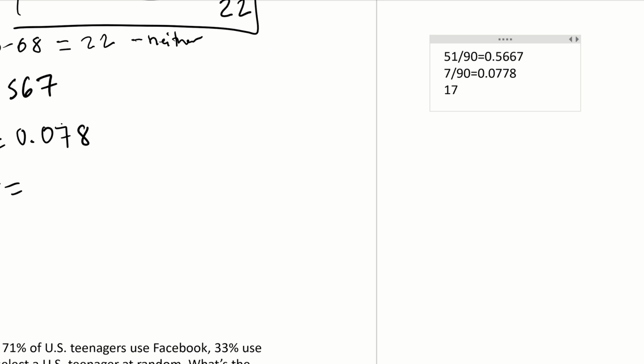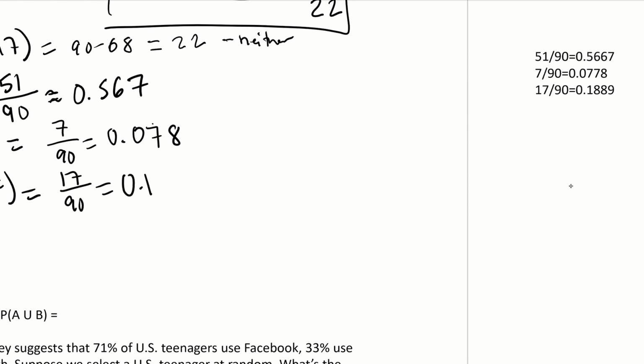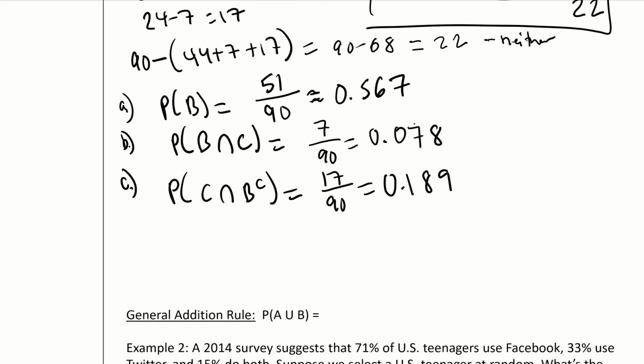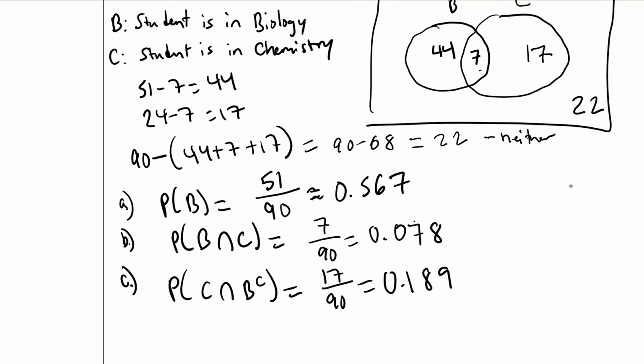If you were to write this in English, just in words rather than with the symbols, you would say, what's the probability that a student is in chemistry, and they're not taking biology?